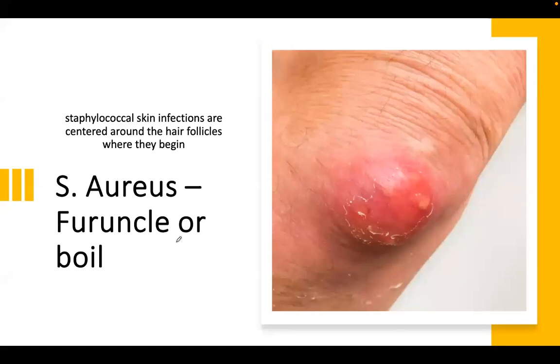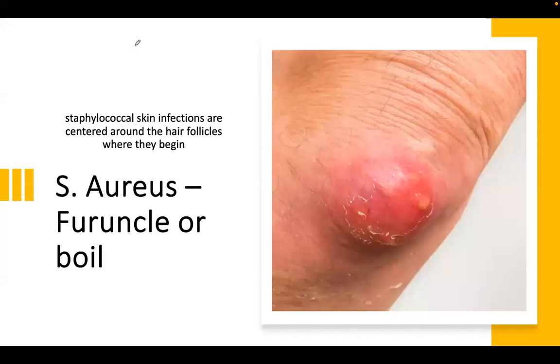Next, when there is a furuncle or a carbuncle, this is Staph aureus. Now, what is the main difference between a furuncle and a carbuncle? Which is bigger? A carbuncle is going to be bigger.